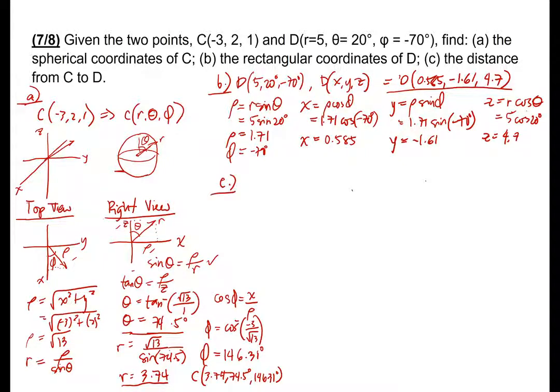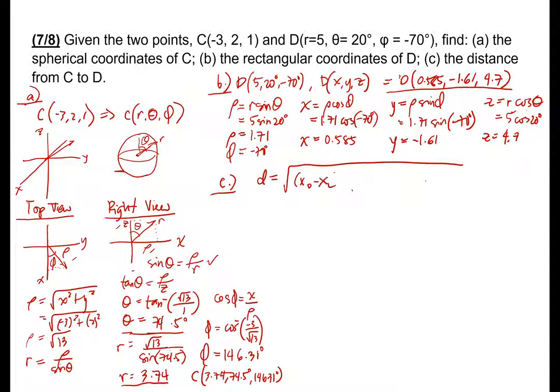D is equal to the square root of the difference of each rectangular point, I mean the axis. So x2 minus x1, y2 minus y1, and z2 minus z1 for rectangular form. Now, instead of 1 or 2, we use D or C: xD minus xC.